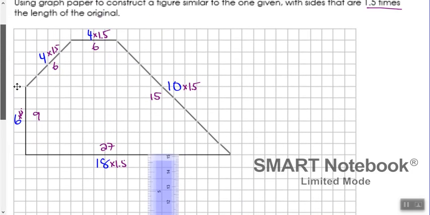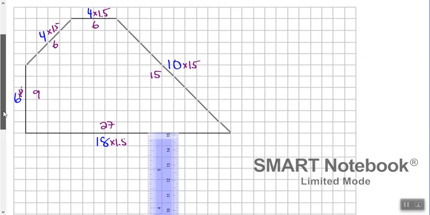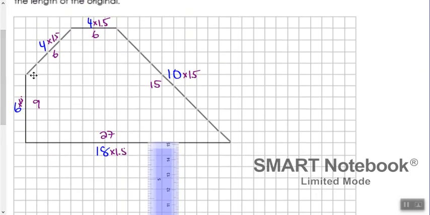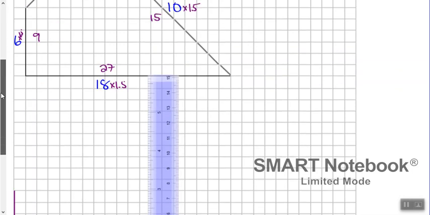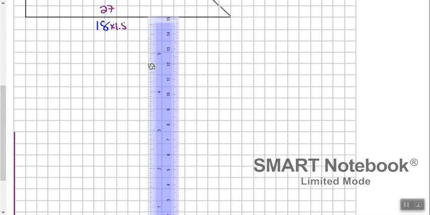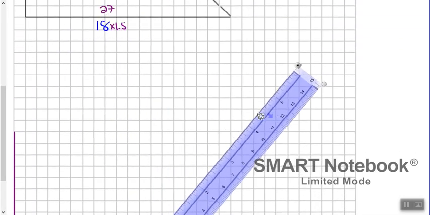Then we need to go straight across diagonally for 6 squares. So instead of 4 squares, we are going to go 6 squares. We could also double check by looking at this angle, but if this one's straight up and down and this one's going straight across, we know that it's going to be okay. So 6 squares across like so.